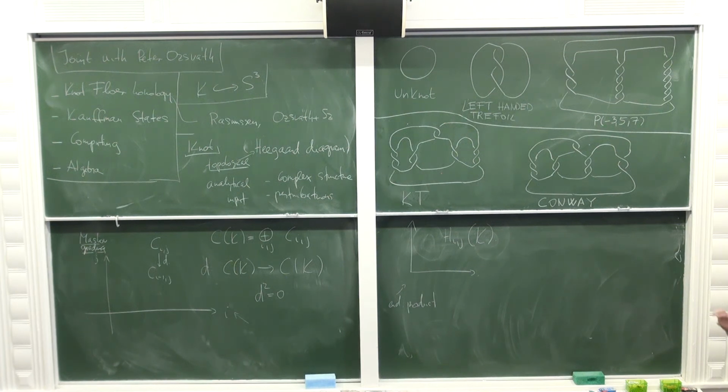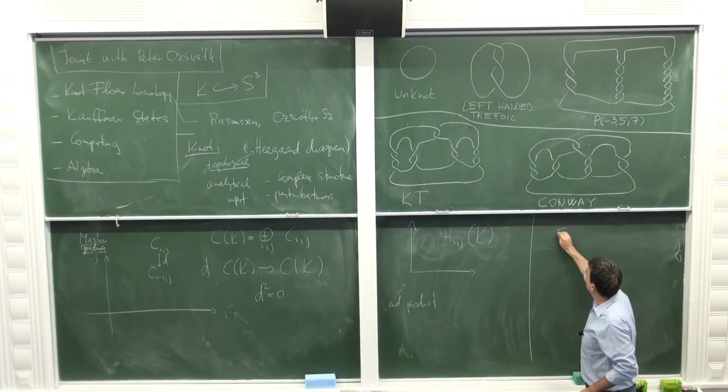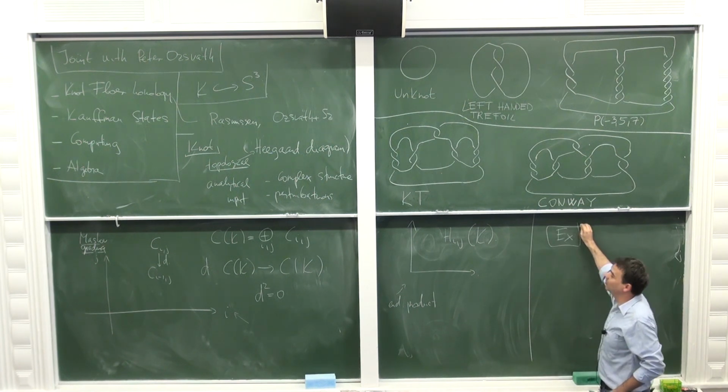Do you actually remember the definition of Knot Floer homology by two-pointed Heegaard diagrams, or should I review that from Robert's lecture? Maybe very briefly. So an example is the best way to go.